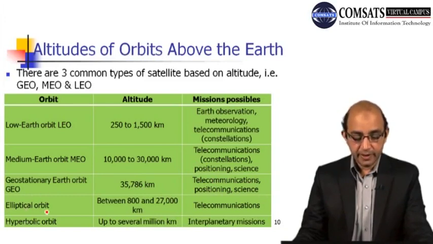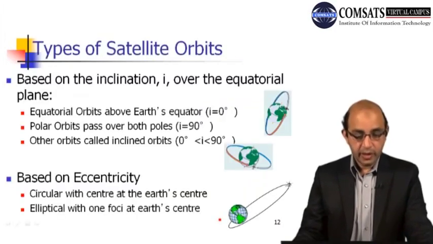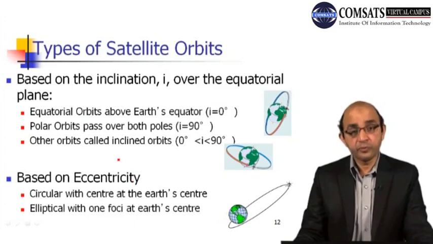Elliptical orbit has an altitude between 800 and 27,000 kilometers, and we can accomplish telecommunications. Then hyperbolic orbit, up to several million kilometers, which we use for planetary missions, right?